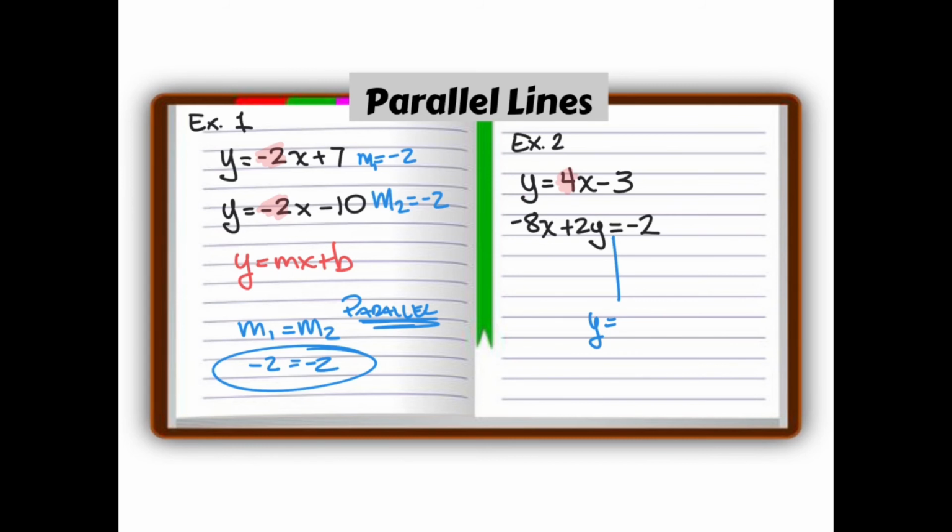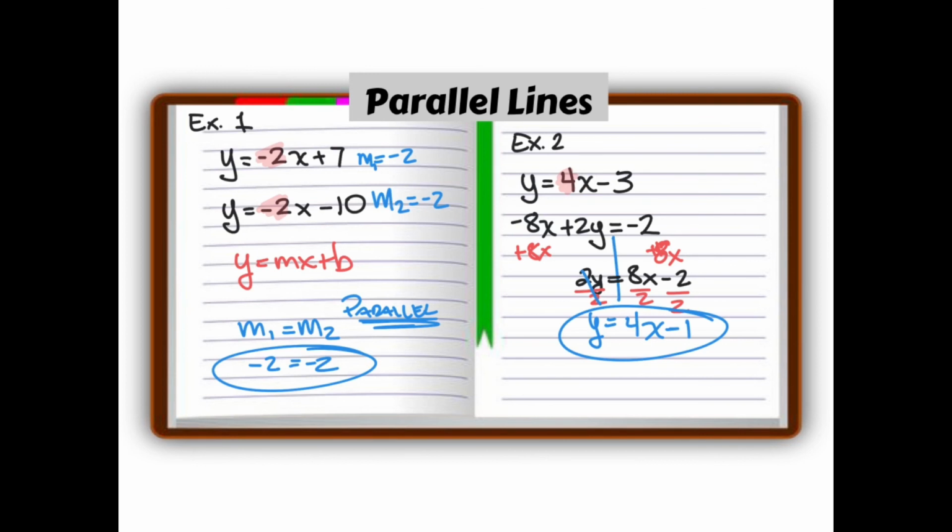So first, we're going to cancel the -8x with a positive 8x. What I do to one side, I do to the other. And then I'll have 2y equals 8x minus 2. Then we divide by 2, divide by 2, divide by 2. So this is going to cancel. 8 divided by 2 is 4x, minus 2 divided by 2, 1.